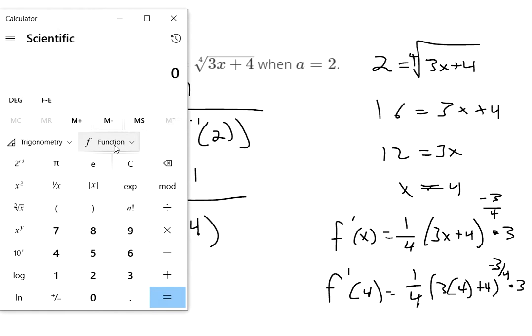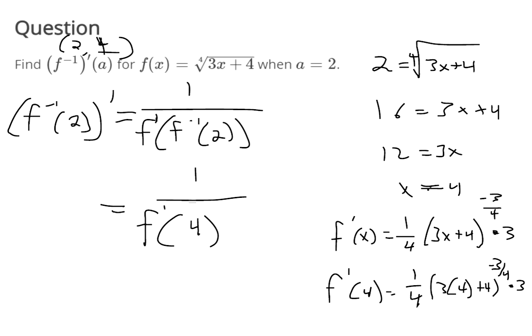Let's see. So if we do that, inside the parentheses, 4 times 3 plus 4, raise that to the -0.75 power, that's -3/4, times that by 1/4, and then times 3. So we get this in the denominator.